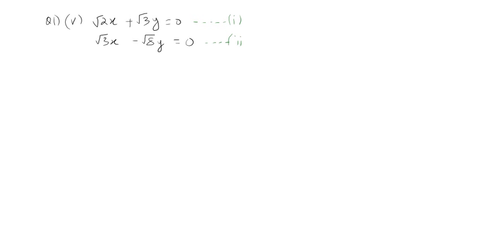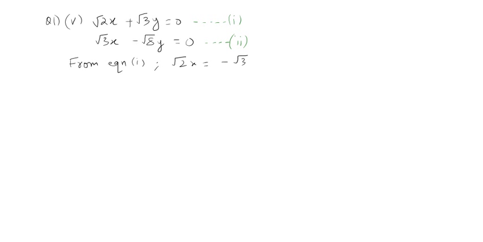As the rule says, from any one equation you have to find the value of one of the variables. So I'm going to find from the first the value of x. Same technique in all questions. So from equation 1, under root 2x is equal to minus root 3y.